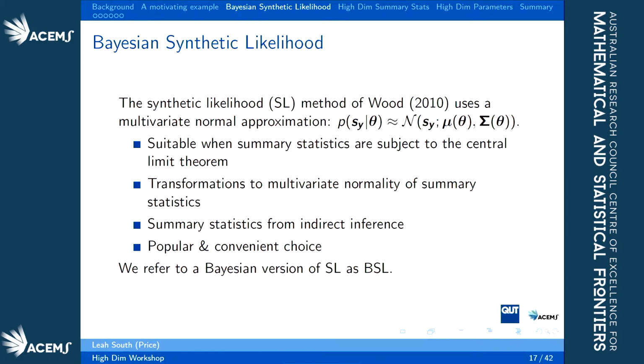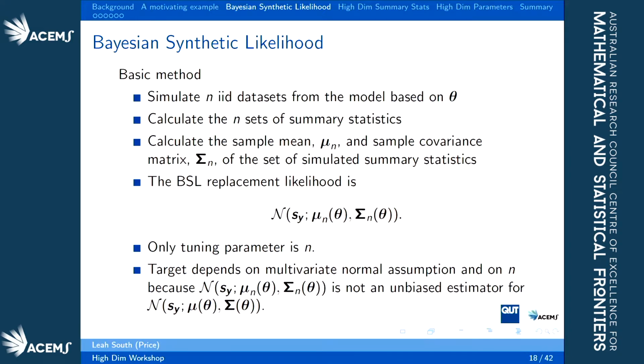Often you can transform to multivariate normality, or if you've got summary statistics from indirect inference, then those will often be approximately normally distributed. So it's often going to be quite useful and relevant, but it's also really convenient to work with. We refer to a Bayesian version of the synthetic likelihood from Simon Wood's paper as Bayesian synthetic likelihood.